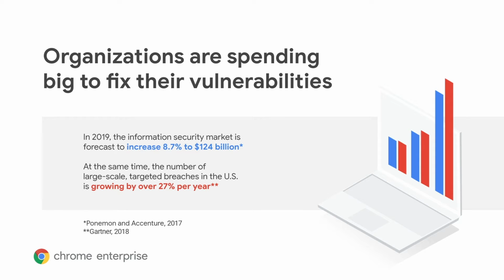The major concern, though, is that the number of threats is increasing by 27%. So while there's an increase in technology to help mitigate it, the threats far exceed the ability to mitigate them. And so this is a growing problem because the amount that you spend to protect your information and protect your endpoints may not correlate to your ability to actually mitigate those risks and defend from them.